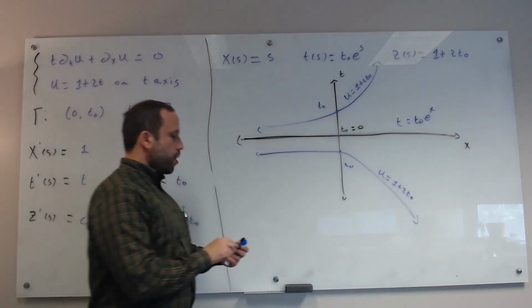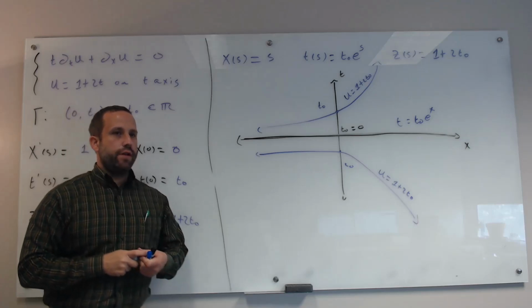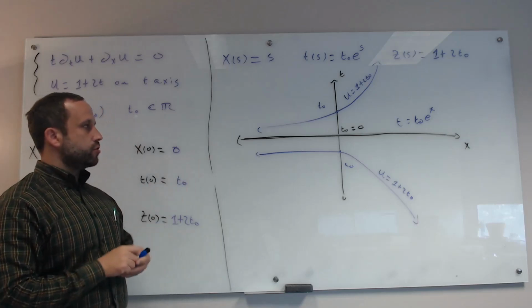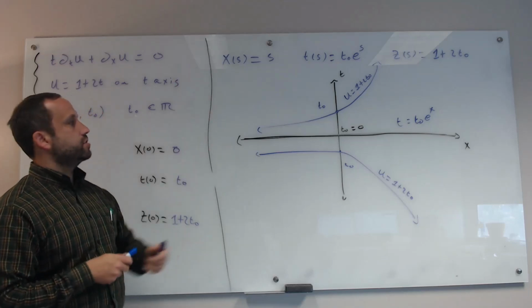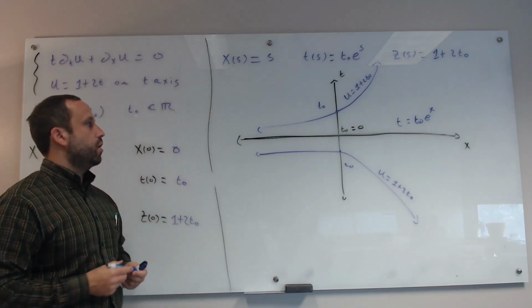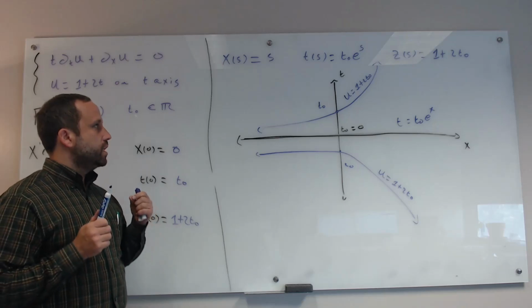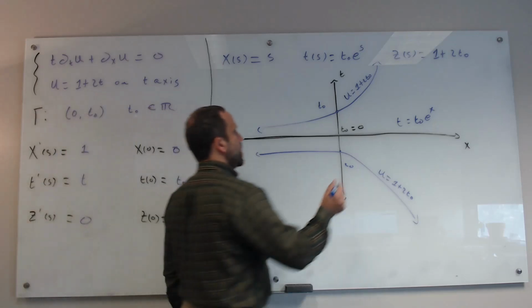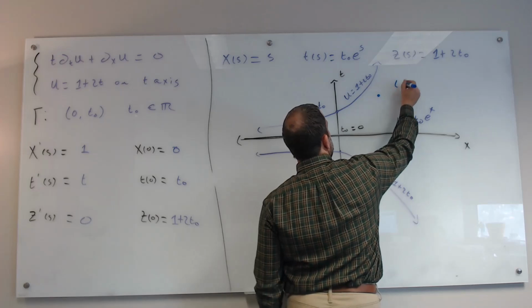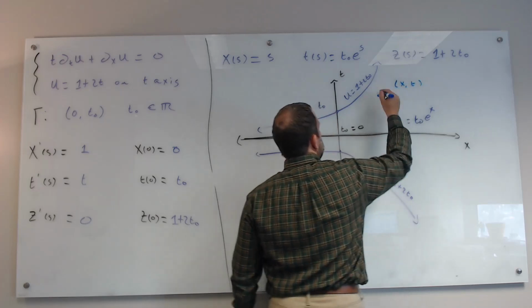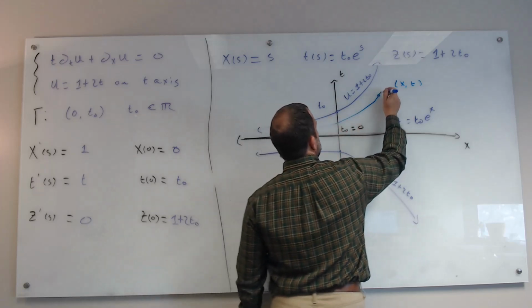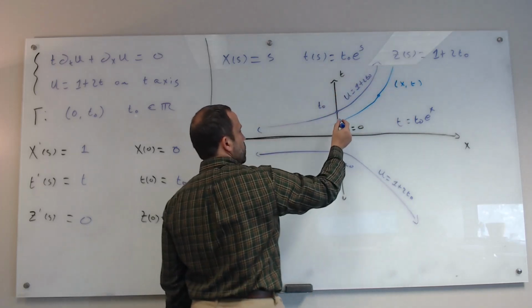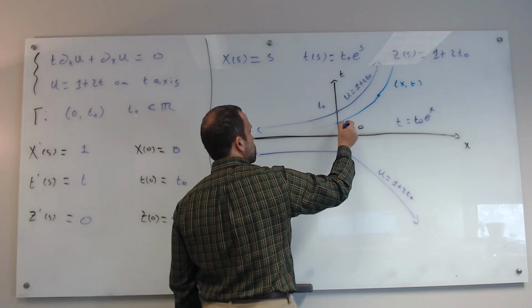And again, I hope it's apparent here that every point in the xt plane lies on one characteristic, and every characteristic intersects the t-axis exactly once. Okay. So now what I want to do is if I take a generic point here in the plane, call it x, t, I want to know which characteristic it lies on. In other words, if I look at all of the characteristics, I want to find the one that passes through it.